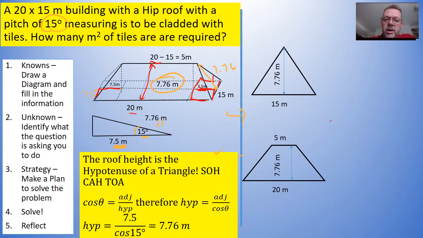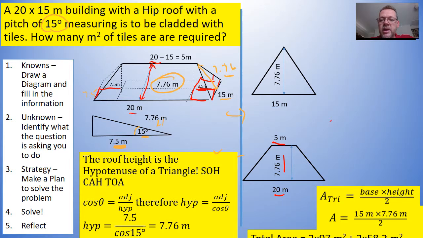The height of the triangle is 7.76, and the base of the triangle is 15 meters. For the trapezium, the height is 7.76, the top of the ridge of the roof was 5, and the bottom of the roof was 20 meters.